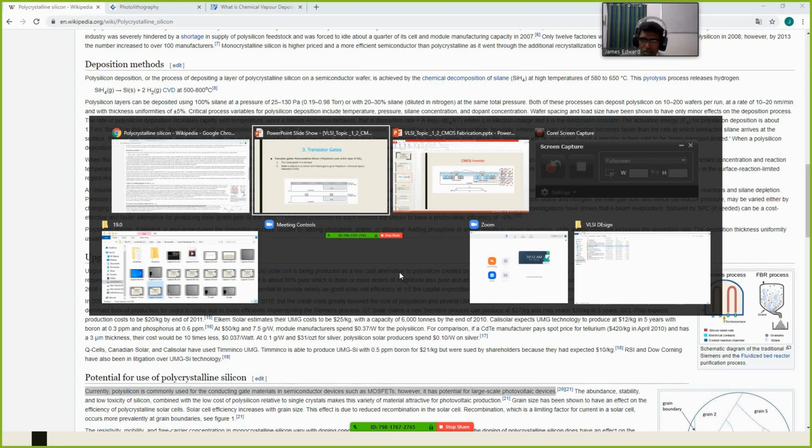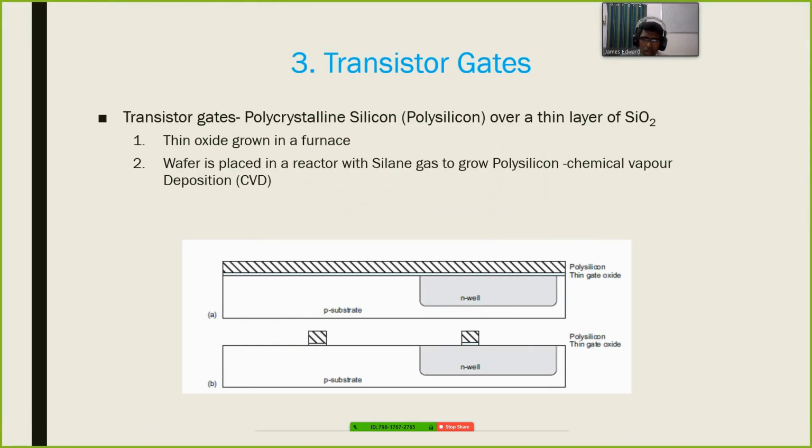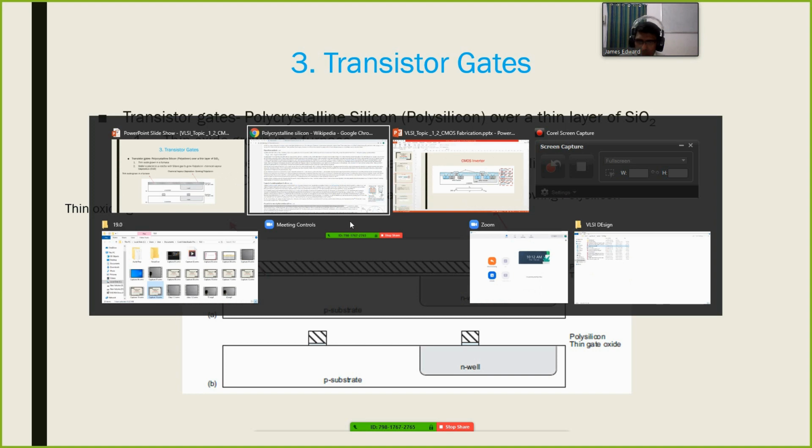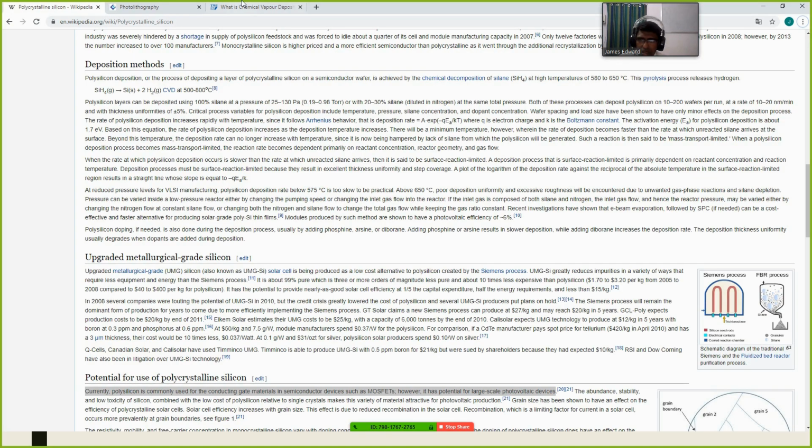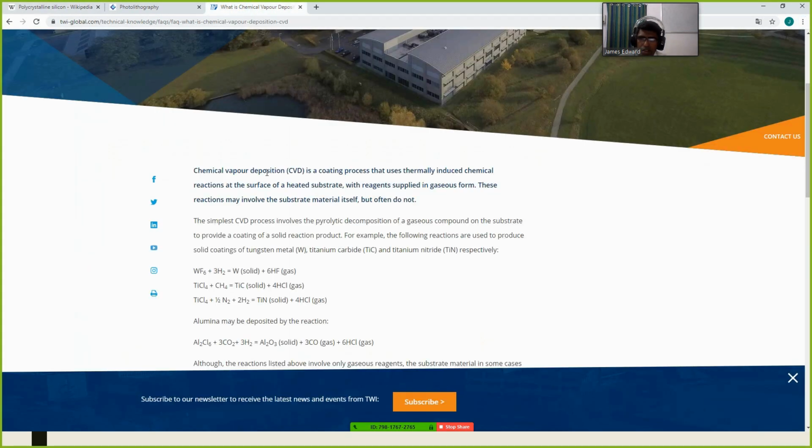So we have discussed polysilicon, and we have a thin oxide layer. Then polysilicon is grown over it by the process called chemical vapor deposition. Chemical vapor deposition is a coating process using thermally induced chemical reaction at the surface of a heated substrate with reagents in gaseous form.